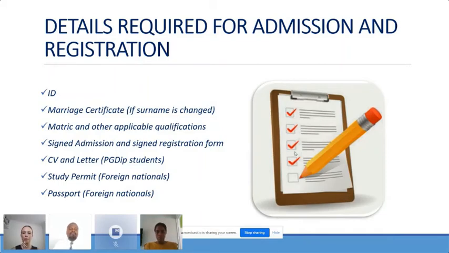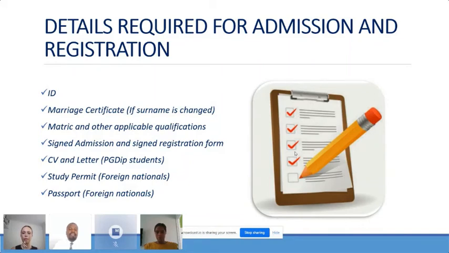Now, I also want to specify, ladies and gentlemen, that we do notice that some students are struggling to get the actual certificates. So at the present moment, we allow you to provide us a statement of results for your qualifications, and then later on provide us the actual copies of those certificates.